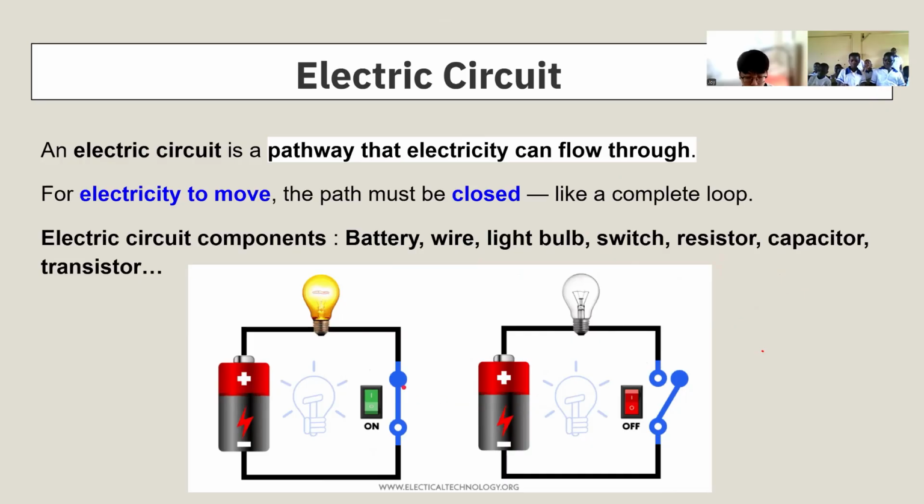And if the switch is turned off, then the circuit is disconnected, so it's not working. Okay. So just remember that electric circuit is the pathway that electricity flows through.